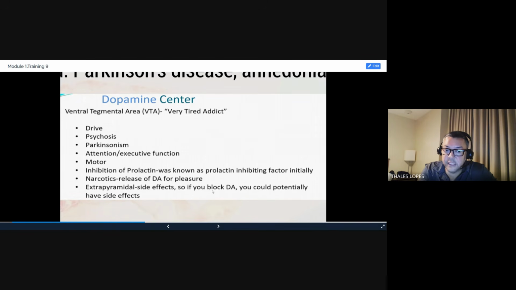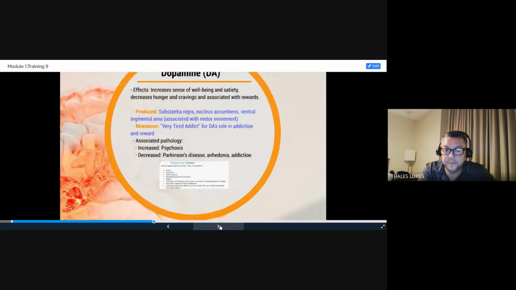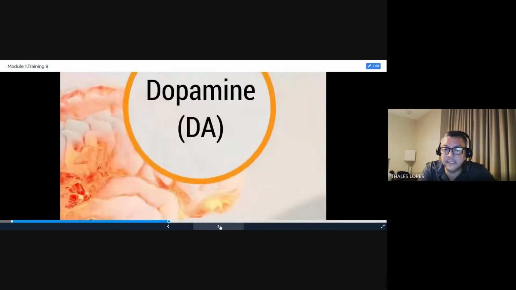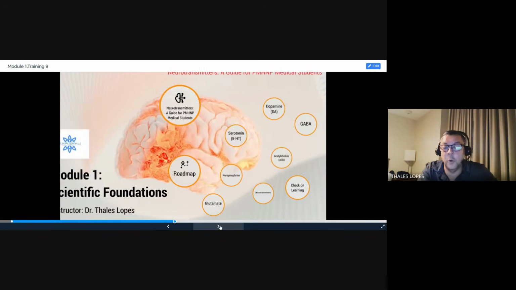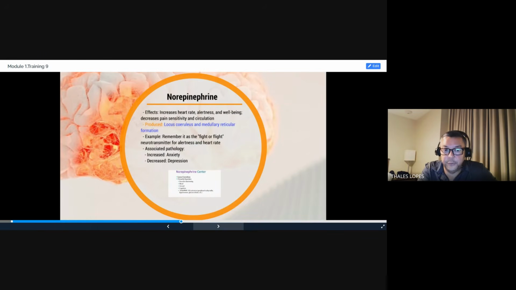So if you block D2, you could potentially have side effects. If the dopamine is blockaded in the receptor too much, then you have too much acetylcholine, less dopamine available, and that could lead to extrapyramidal side effects. So hopefully this is all kind of coming together, or at least a review for you at this point, right?